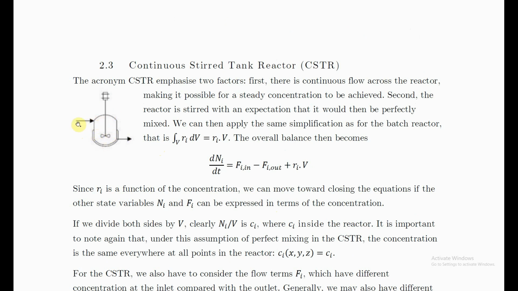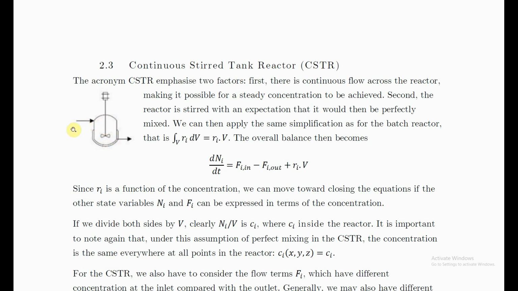If your flow rate is 50 cubic meters per hour, then the volume, 1 cubic meter, divided by the volumetric flow rate, 50 cubic meters per hour, is the number of hours it takes to pass through this volume. And sorry, I said 50 hours, but it's 1 over 50 hours.